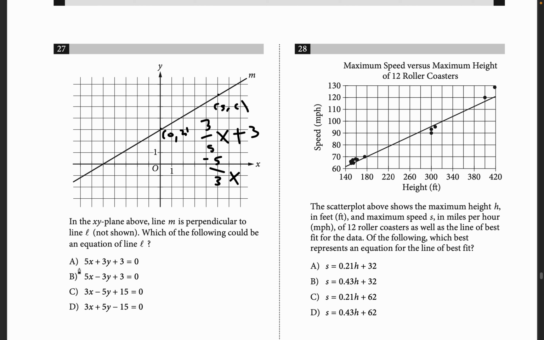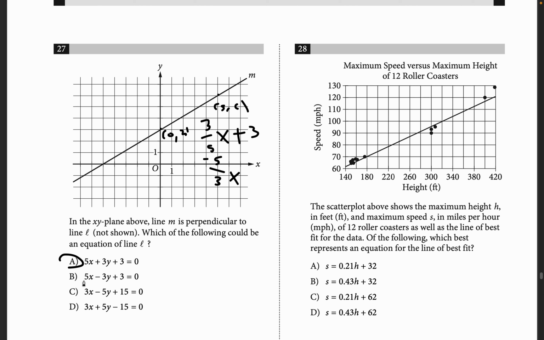Which one will give us that? They made this harder for us. We have to isolate for y, so you get -5x and divide by 3. You get -5/3. This works. And the y-intercept could be -3, doesn't matter. This looks like our answer.